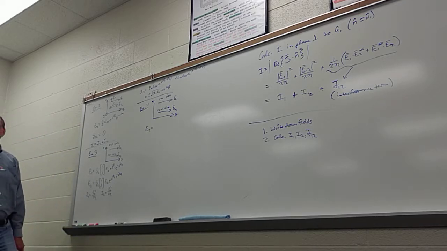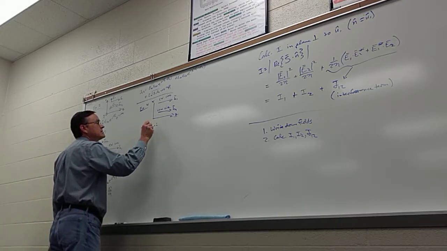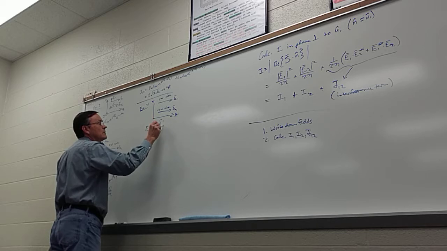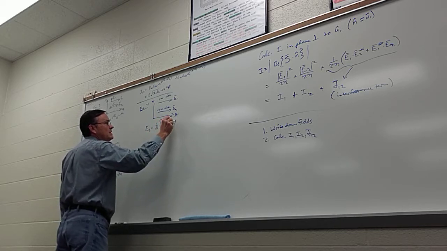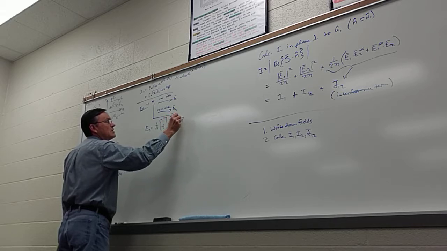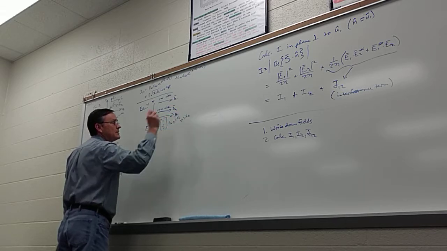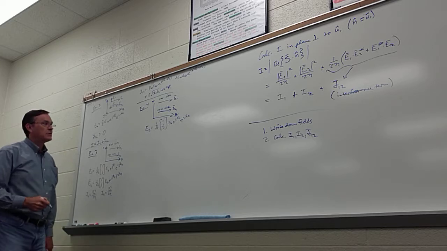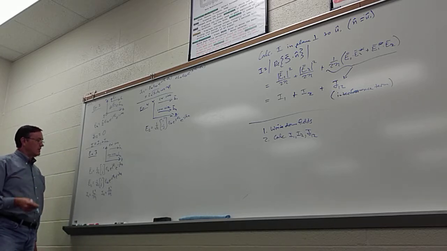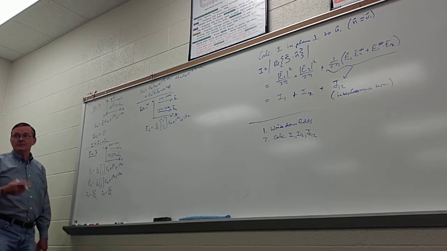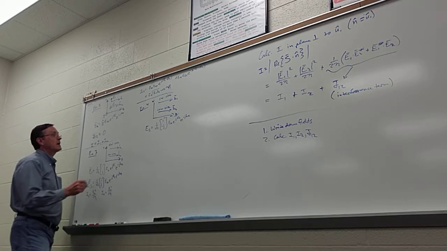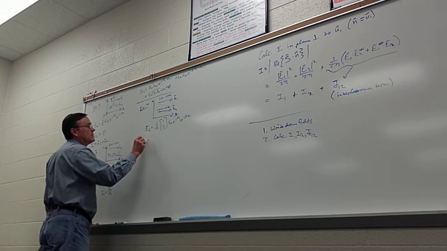Same thing, but minus j, so 1 over root 2, 1 minus j, E20, e to the j phi 2, e to the minus jkz. Okay, so I1, is it any different? No, obviously not. I2, is it any different? No, same thing. So calculate J12.